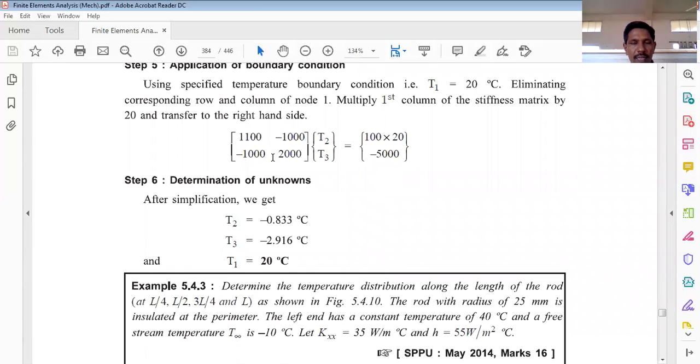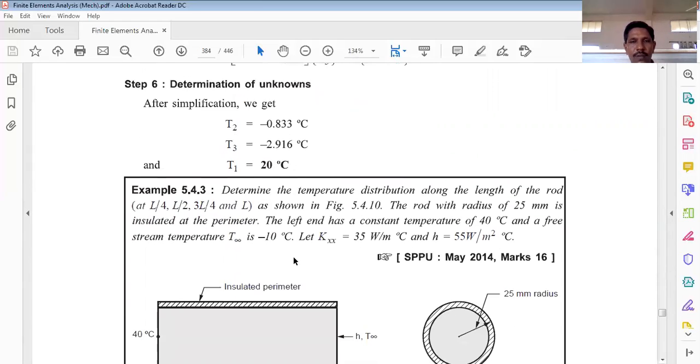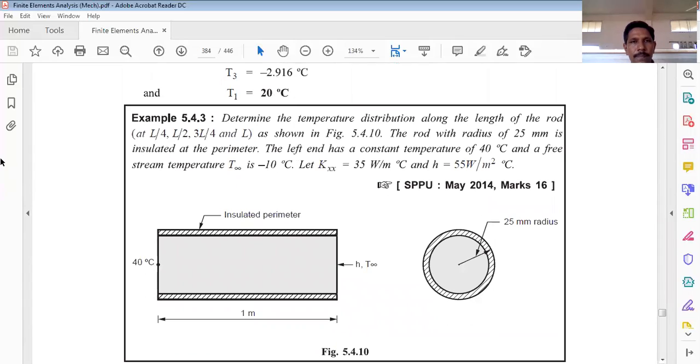So when you simplify these two equations with two unknowns, we get T2 as minus 0.833 degrees centigrade and T3 as minus 2.916 degrees centigrade. And T1 is specified, which is equal to 20 degrees centigrade.